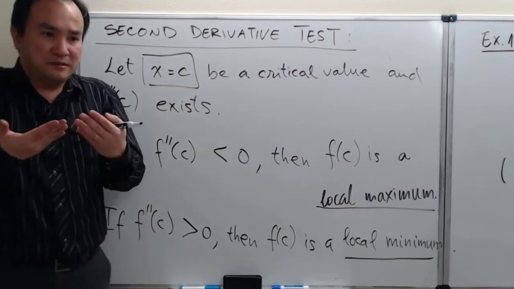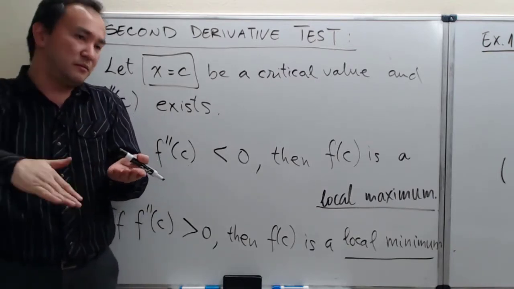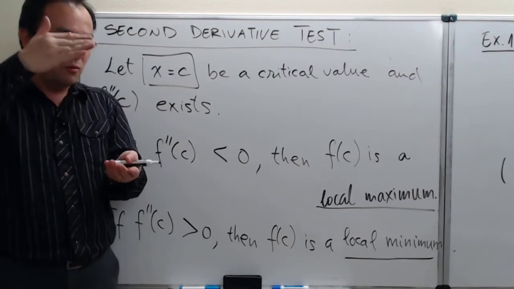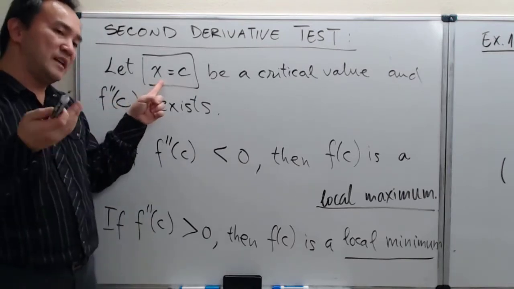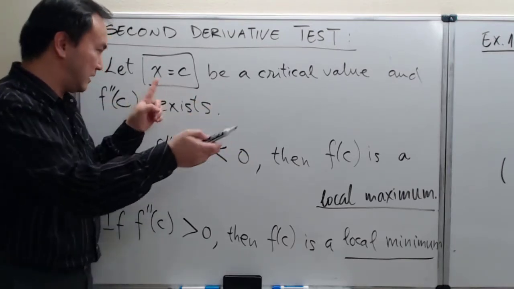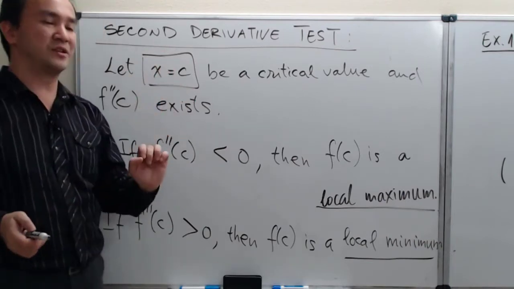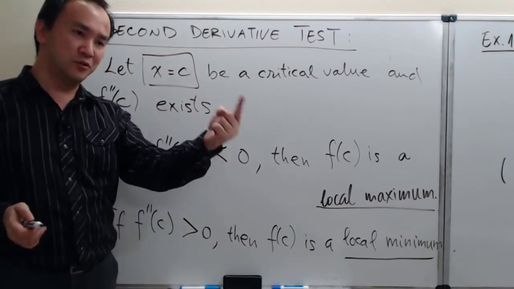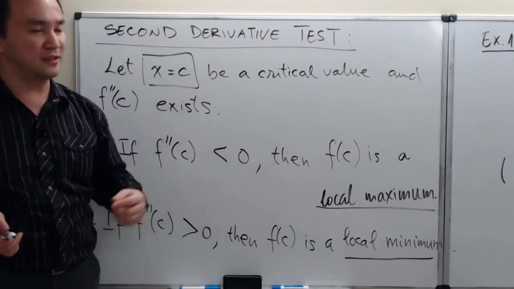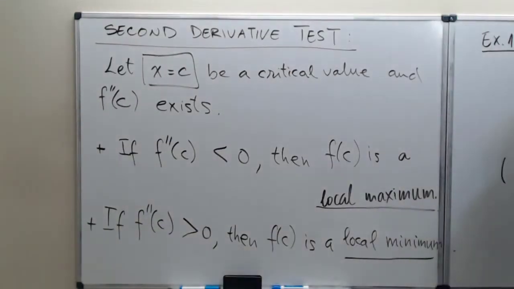Because the only way that local maximum and minimum values happen is within those critical values, we always need to take our first derivative to find the critical values.